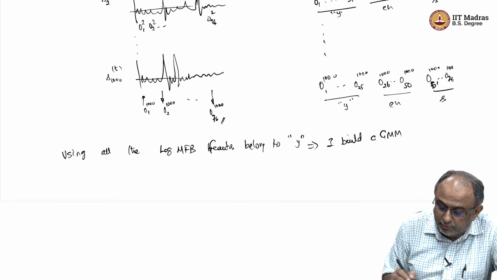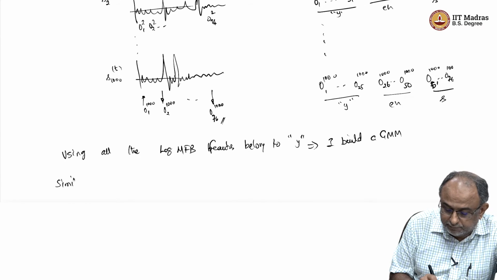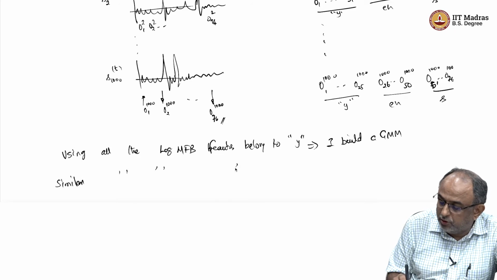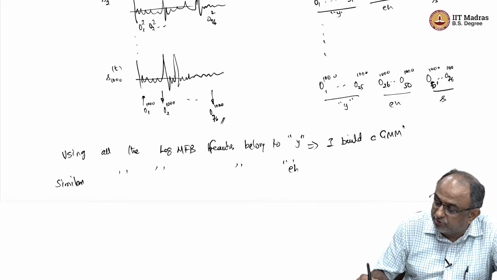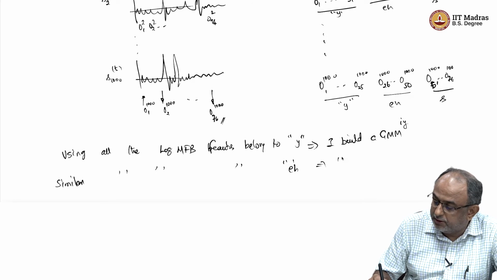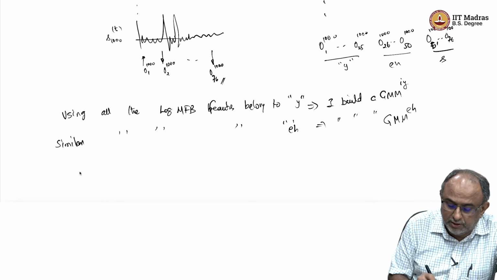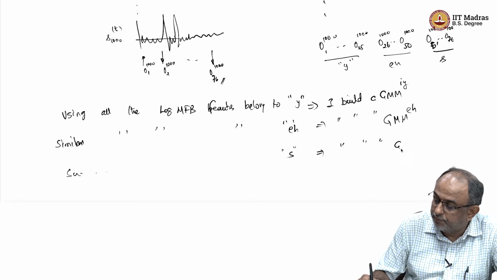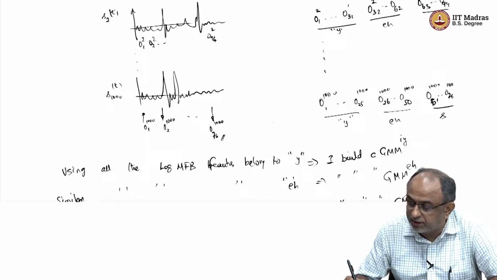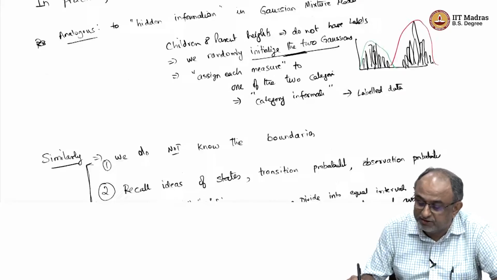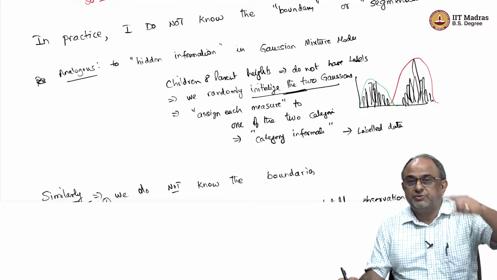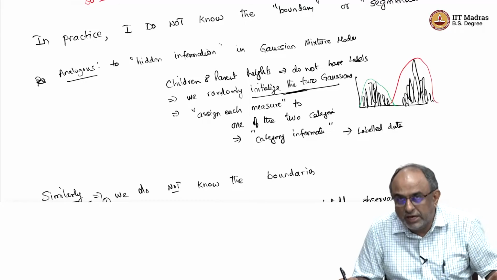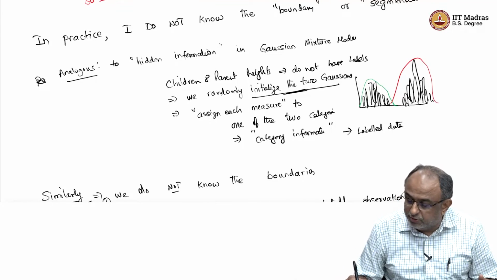Then similarly, using all the log mel features belonging to A, I build a GMM for A. Similarly, I build a GMM for S. Remember, I started with a uniform segmentation. So, we should expect some kind of a parallel analogy where there is going to be an iterative method, right. So, we are going to do that iterative method.